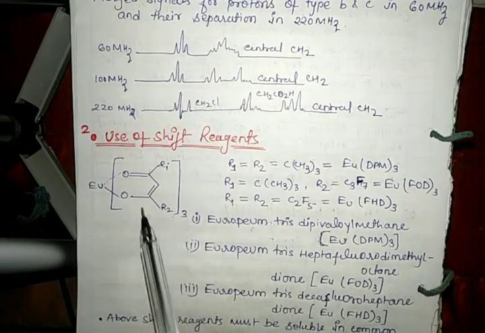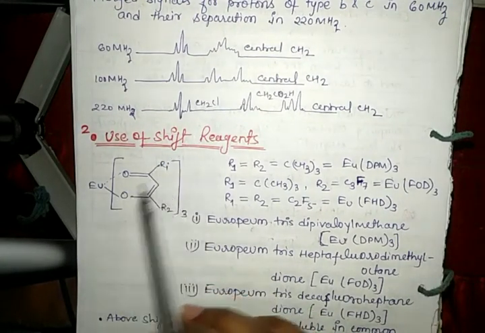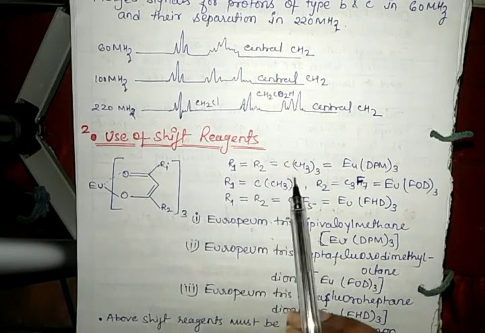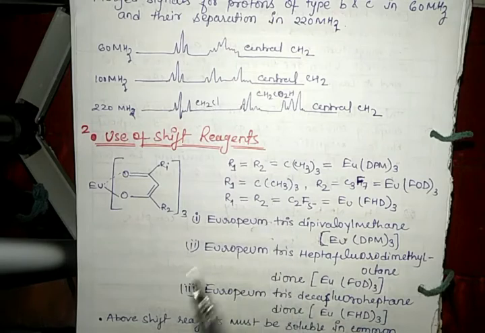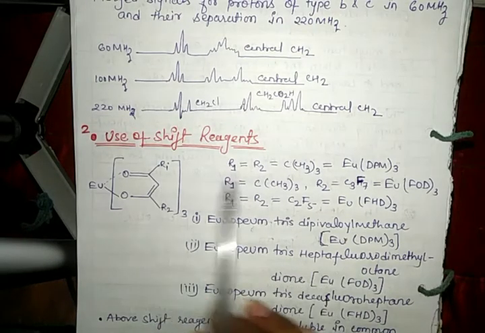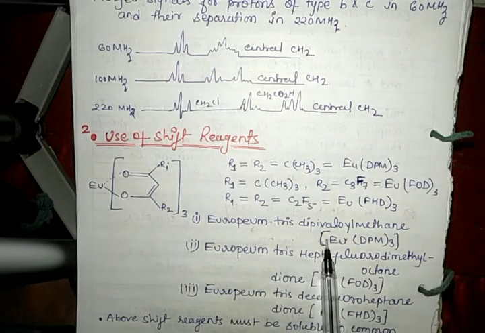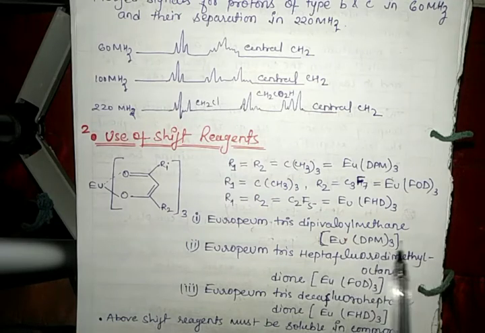Next point is use of shift reagent. So for this we have also an example. Here we have different examples to see use of shift reagent. So first one is europium tris dipivaloylmethane. Next one, europium tris heptafluorodimethyloctanedione.